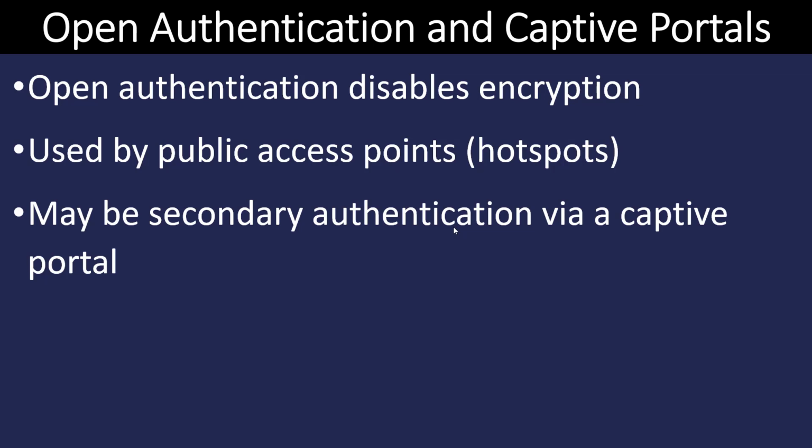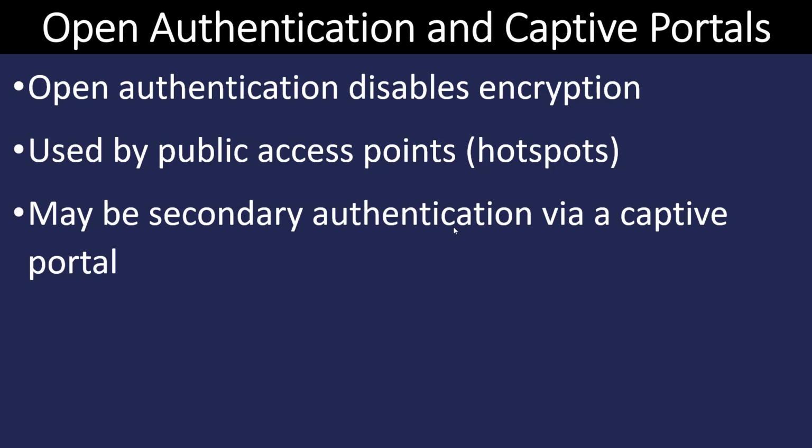And we also have something called a captive portal. You may have seen that, where you log into the Wi-Fi network, and the first thing it asks you is to agree to some terms. And when you do that, the business is just trying to protect itself in case you do something you shouldn't on their network. So you're agreeing to be a good person while you use their access point.